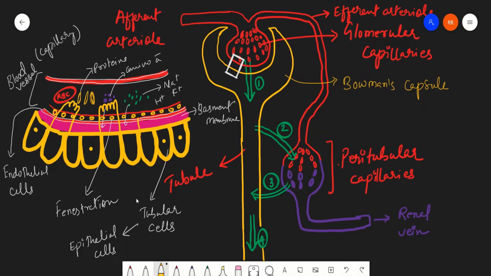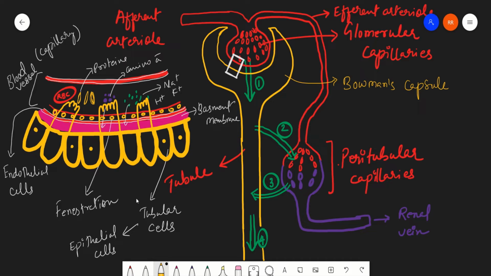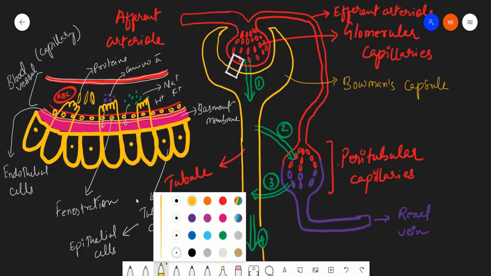So they will have finger-like projections. Not all are plain epithelial cells; some will have finger-like projections, and these are known as podocytes.